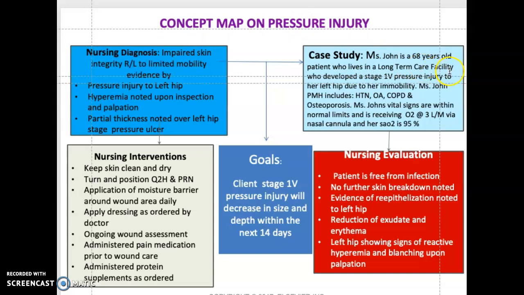Miss Jones is a 68-year-old patient who lives in a long-term care facility who developed a stage 4 pressure injury to her left hip. Her past medical diagnoses: hypertension, osteoarthritis, COPD, and osteoporosis. So Mrs. Jones' vital signs are within normal limits. She's on oxygen, nasal cannula, and her O2 sat is 95.